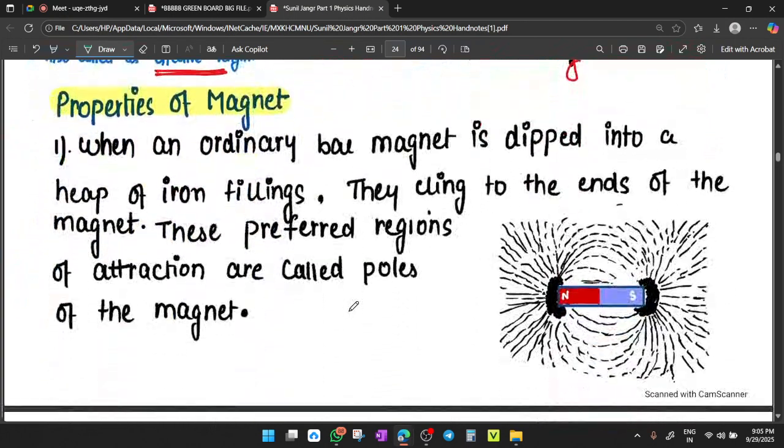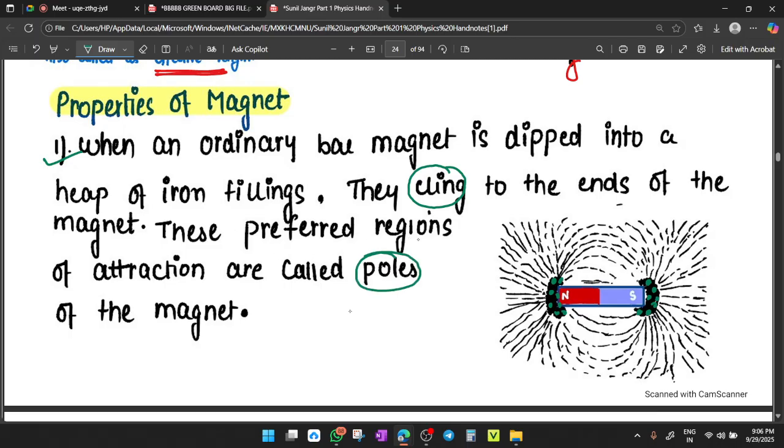Okay, now properties of a magnet. When an ordinary bar magnet is dipped into a heap of iron filings, most of the iron filings are concentrated at the poles, the place where the magnetic power and attraction are highest.